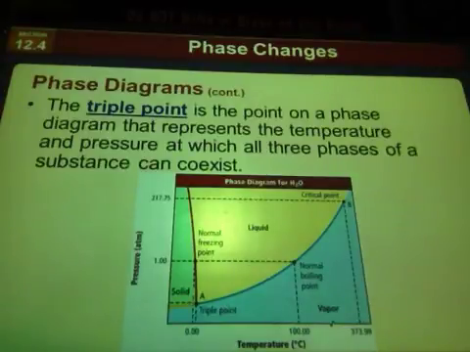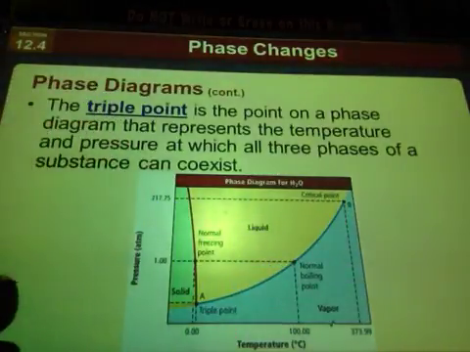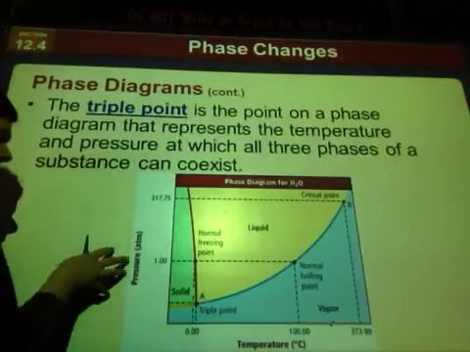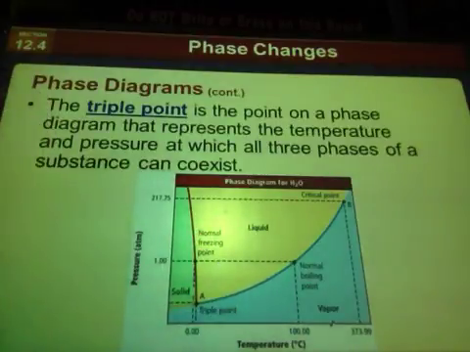So we have the triple point, we have the critical point, and a phase diagram is just showing us how a substance can exist, in terms of pressure and temperature, as a solid, a liquid, or a gas or vapor.